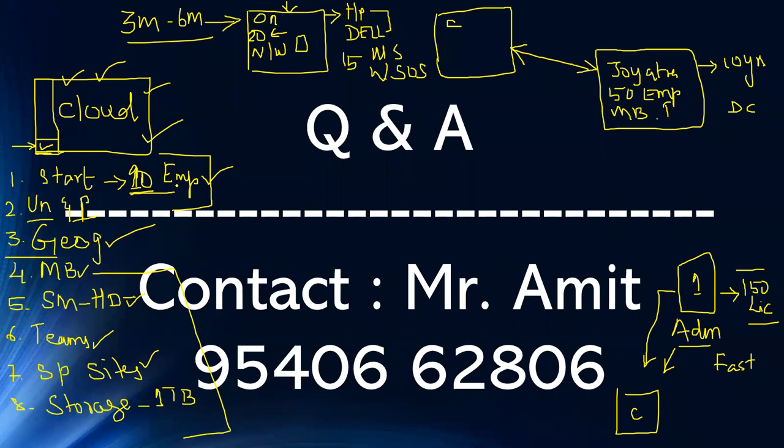For the first class, as I told you, I'm trying to restrict it to some 90 minutes, 1.5 hours. Going forward, the classes will be a bit more lengthy, say 2 hours or 2 hours 15 minutes.